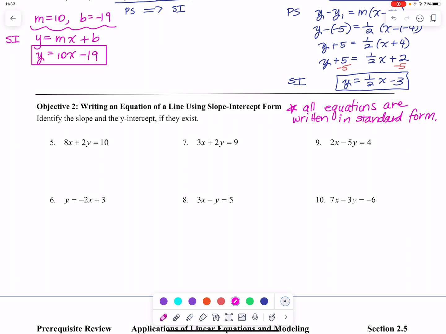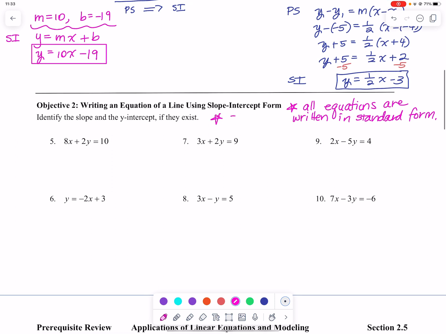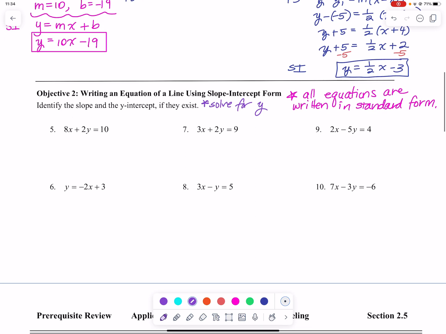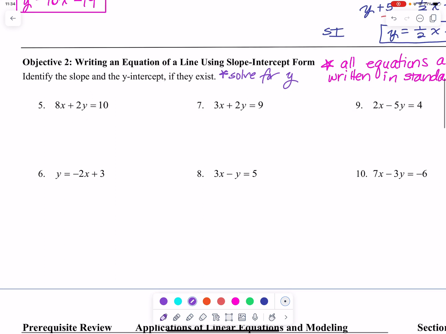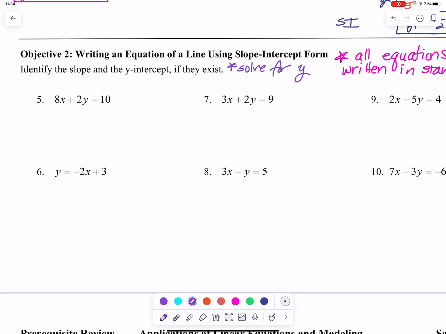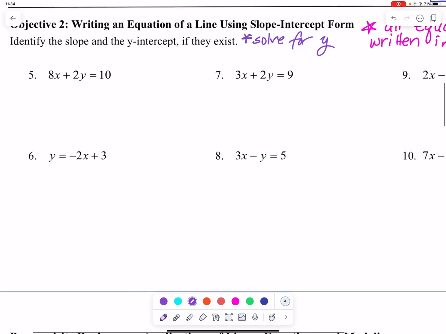All we have to do for every one of these is solve for y. To get into the form that we want, we will simply have to solve for y. They would like us to identify the slope and the y-intercept, so we will solve for y and then give that.